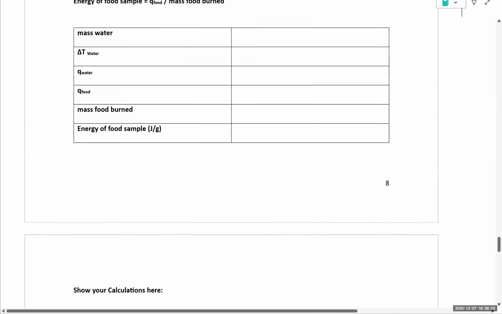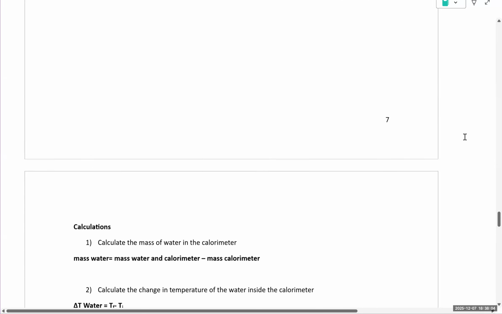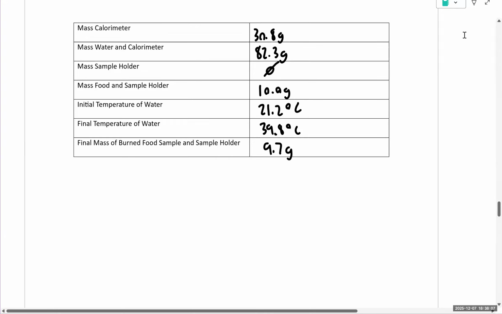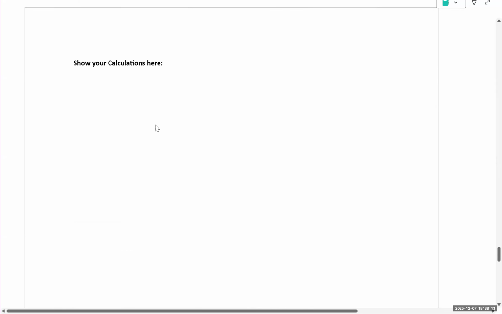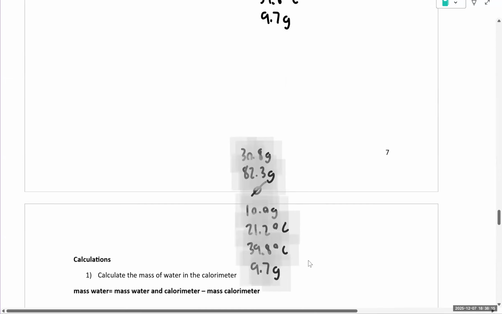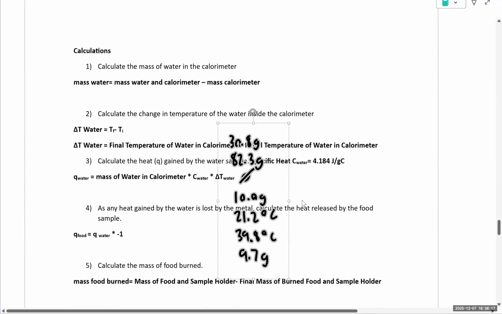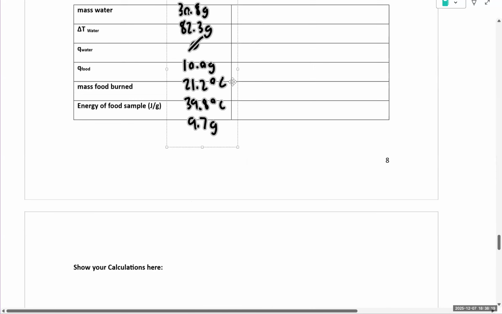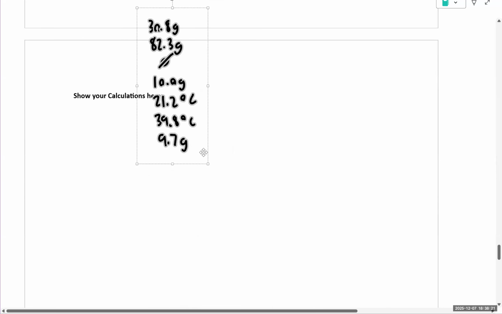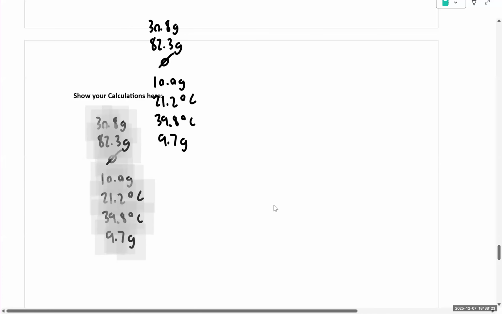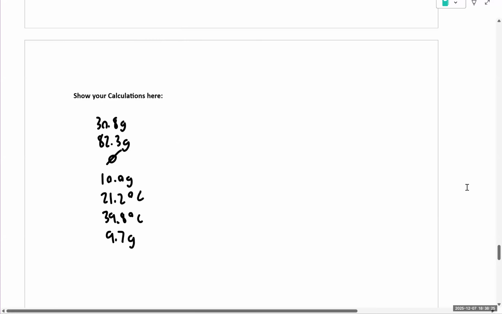So let's first just copy and paste our data over. Okay. So this is the mass of the calorimeter.